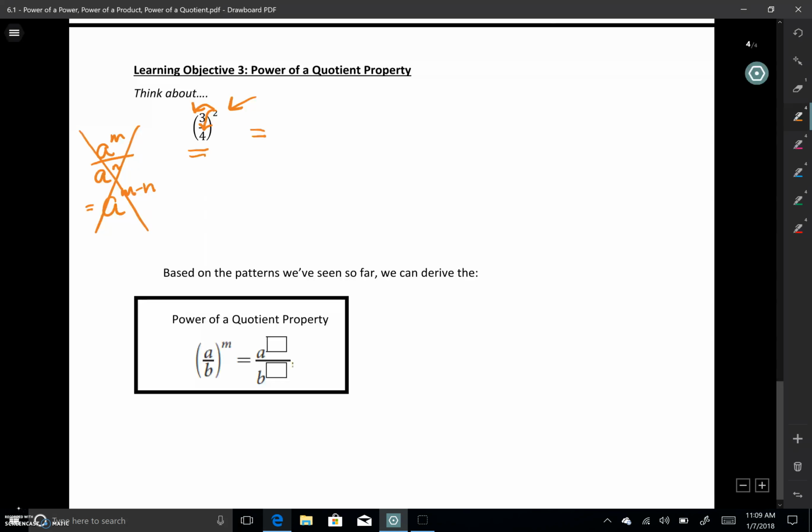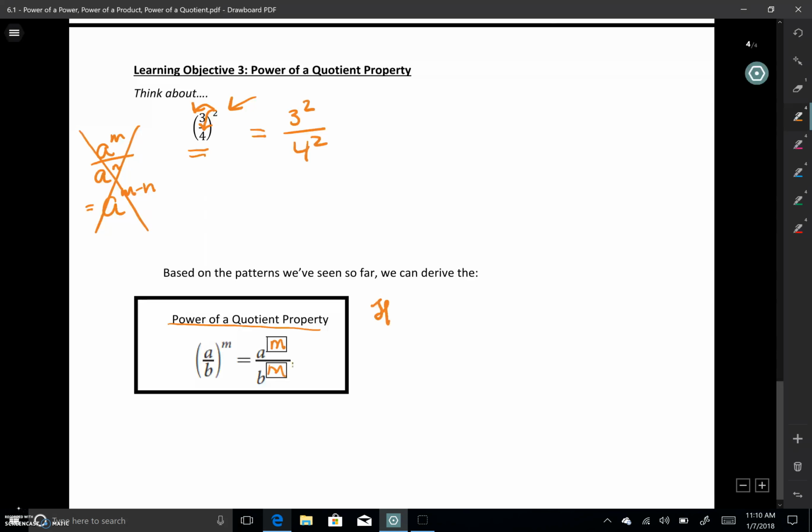So 3 over 4 squared is going to equal 3 squared over 4 squared. So in other words, for power of a quotient, if I have a over b in parentheses raised to the nth power, I can distribute that power and rewrite it as a to the nth power over b to the nth power.